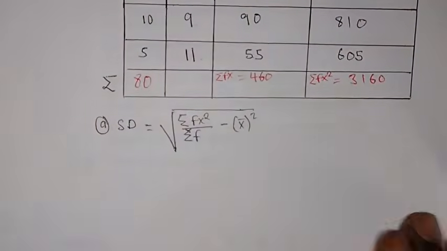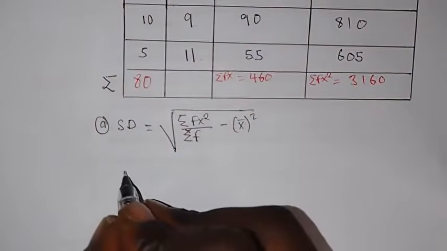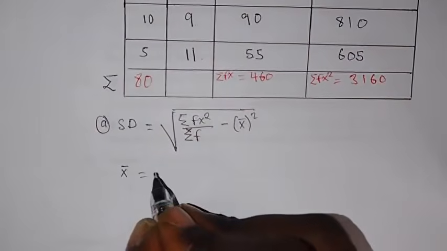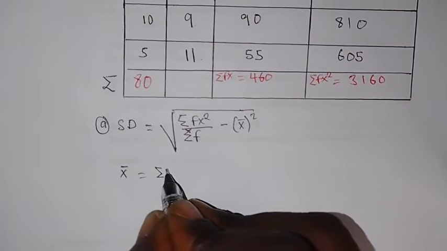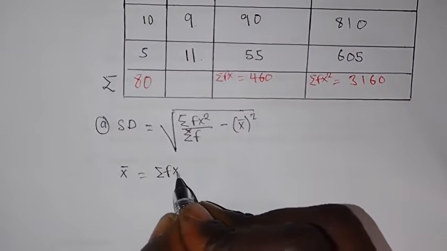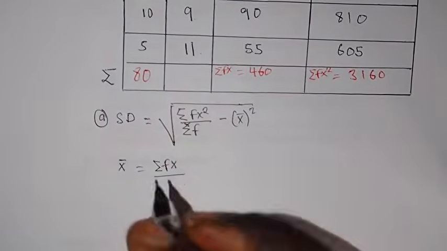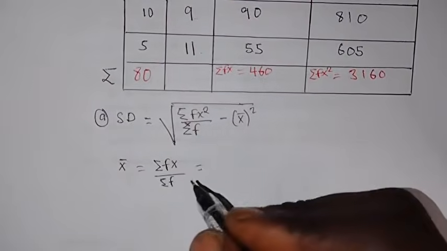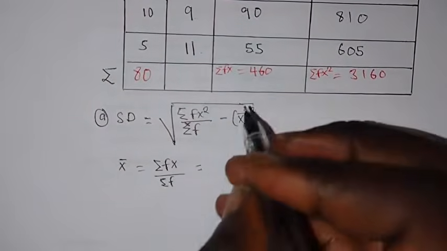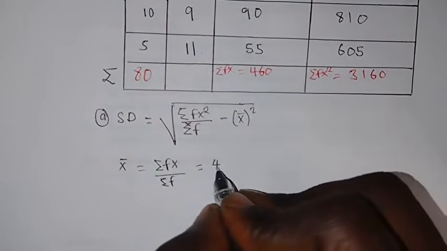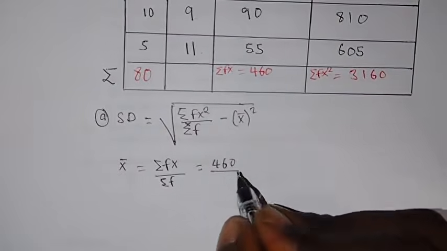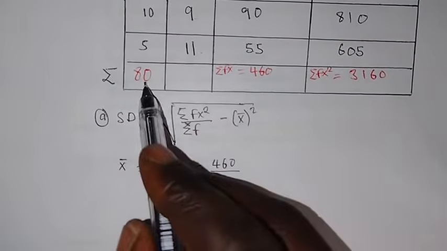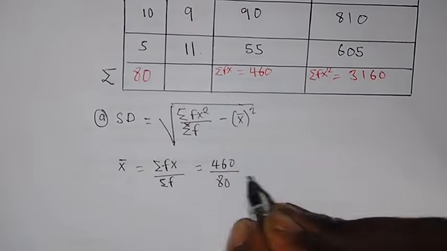So from here, we need first to find this mean. So how do we find the mean? The mean, we are going to say summation of fx over summation of f. So we just need to see what is the summation of fx. This is the summation, 460, over the summation of f, which is the 80 right here.